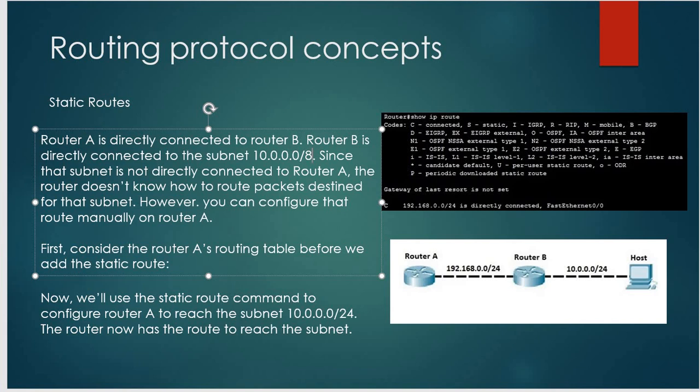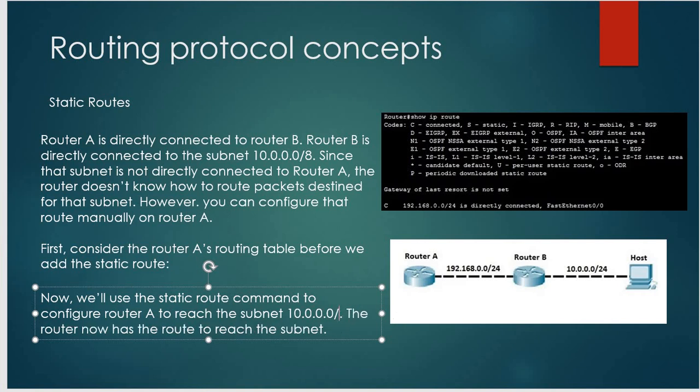However, we can configure the routers manually, starting with router A. First, consider router A's routing table before we added the static route. Now we use the static route command to configure router A to reach the subnet 10.0.0.0/8.